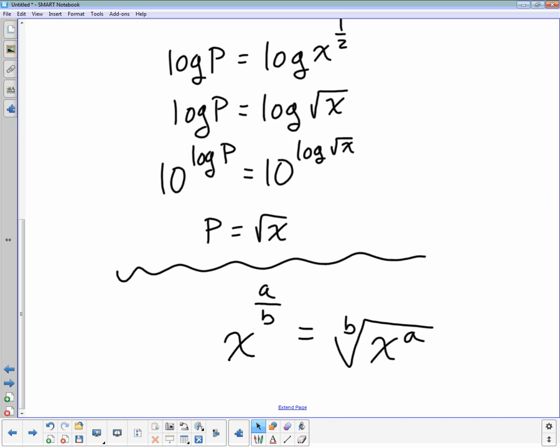If those were logs to the base of 3, we would jack a 3 under both sides, and then they would fall apart. But if you think about it, a logarithm is just an operator, some sort of meat grinder that I throw p into, and when I throw the square root of x into that same meat grinder, I get the same thing out. So that means that p and the square root of x has to be the same thing. Okay.